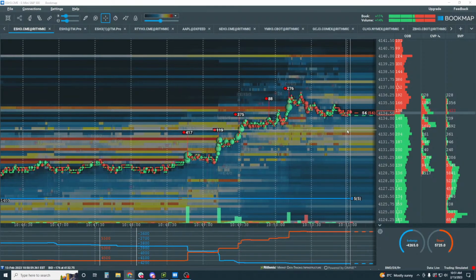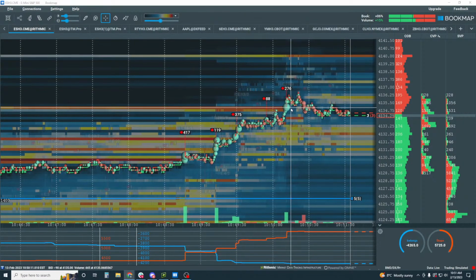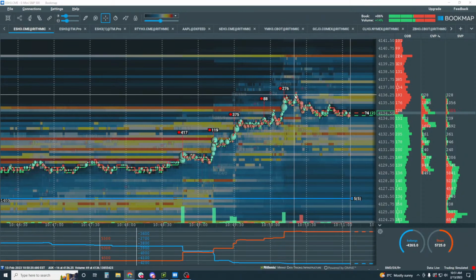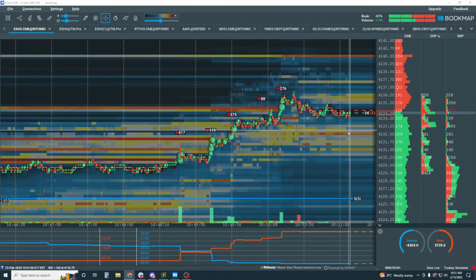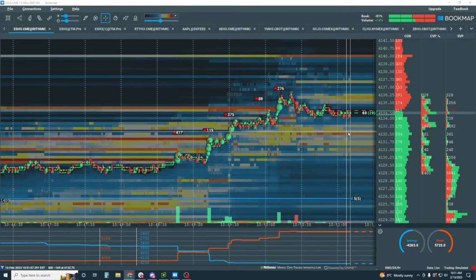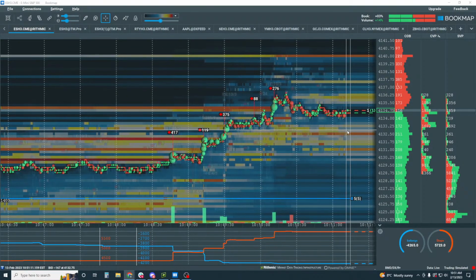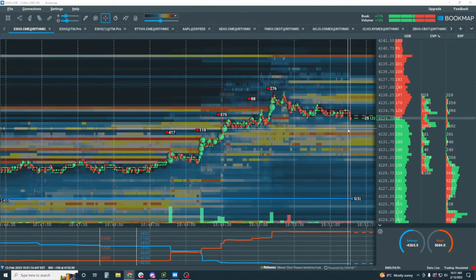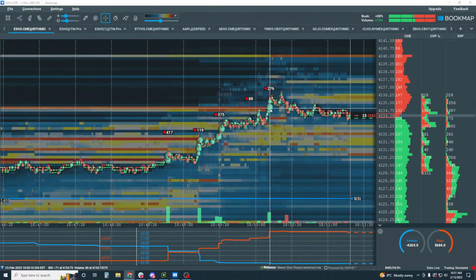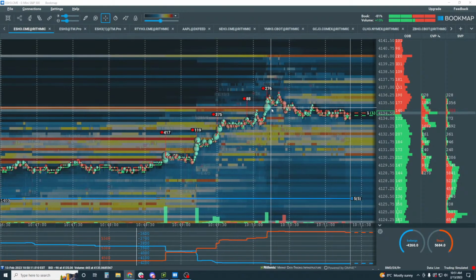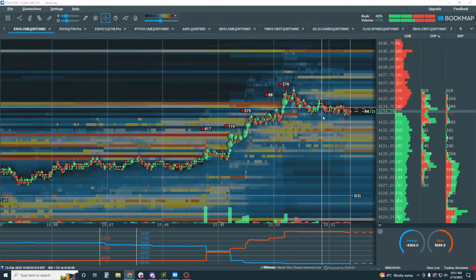You wouldn't take your profit here at 35. You'd still be in it, but you would have to take your profit when it came down to this 33 area and you saw sellers here, not exhaustion. And you're not going to get those extra 2 points. You're going to have to give them up.